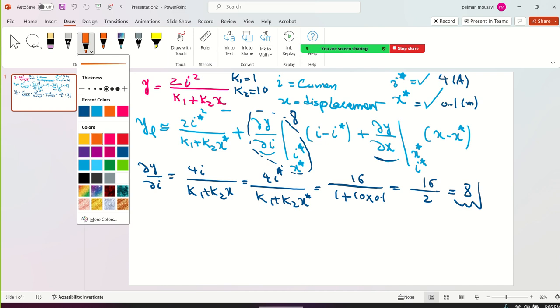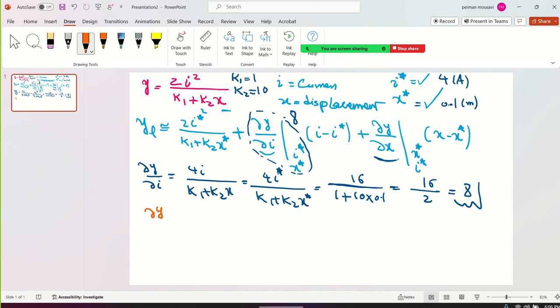Now let's go for this. If you're working as a control engineer after graduation, round y over round x from here is going to be the derivative of this. When we say round x, it means this is constant, and the only variable is this. So it's going to be 0 in this and minus k2 multiplied by 2i squared, from high school, over k1 plus k2 x squared.